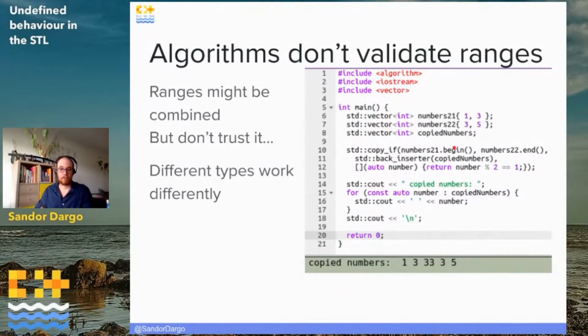But when I try to run the same example on Clang, it works the other way around. You still declare numbers 21, numbers 22 in this order, but numbers 22 had lower addresses than numbers 21, which means that your iterator is always advanced by one, by one, by one, but you will actually never reach the end of numbers 22.